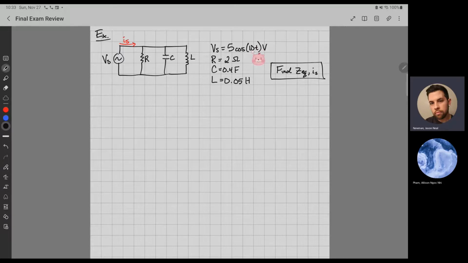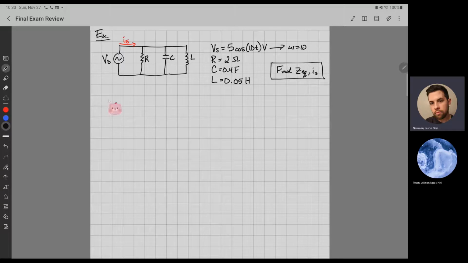So we can determine that this part right here is omega, so omega is equal to 10. That's in volts. We have R equal to 2 ohms, C equal to 0.4 farads, L equal to 0.05 henries. These are long and tedious, not really hard necessarily.